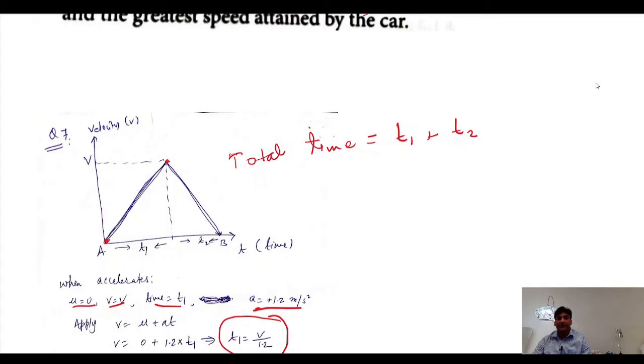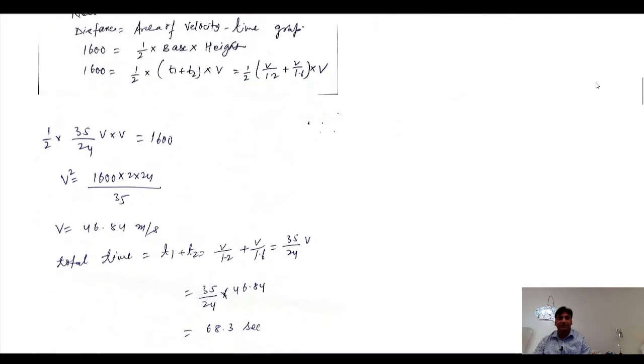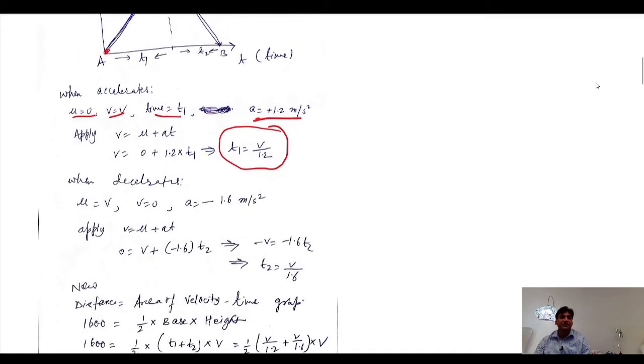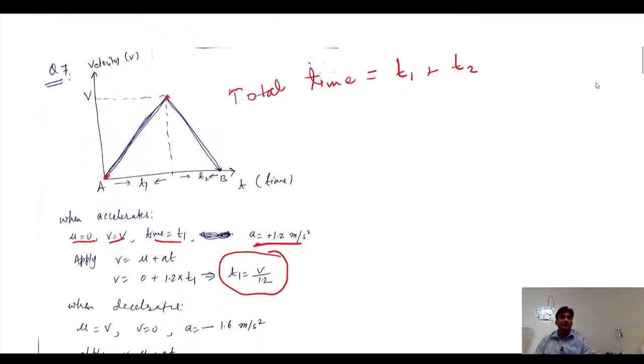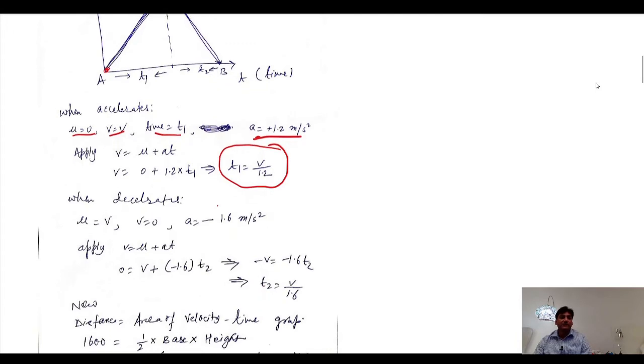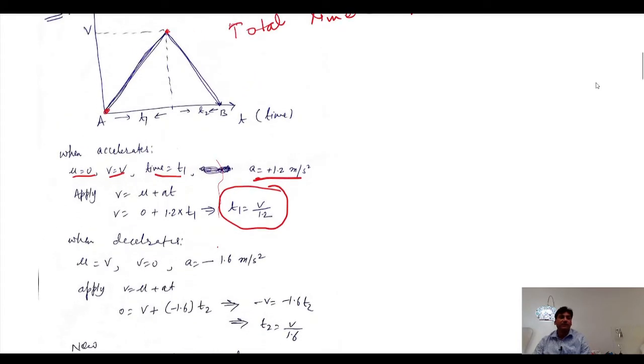Now if we get another time for deceleration, then how can we get it, guys? Okay, for deceleration also we need this graph. So yeah, we were here.